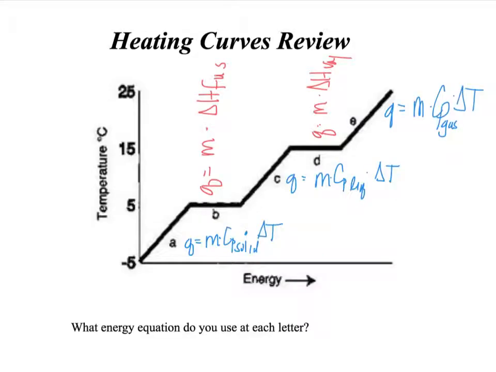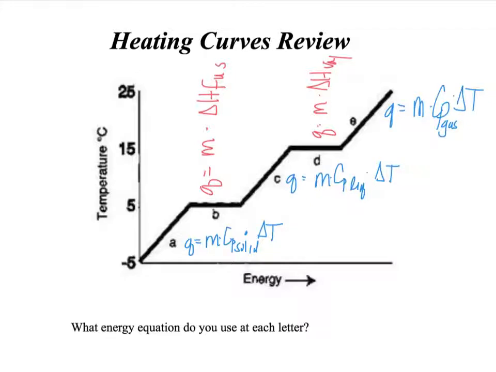All right, back to that heating curve review. Here's what you would use at each one of these positions of the graph if you were trying to figure out how much energy was required. If you're at A, you would use Q is equal to M, the specific heat of the solid, times the temperature change.